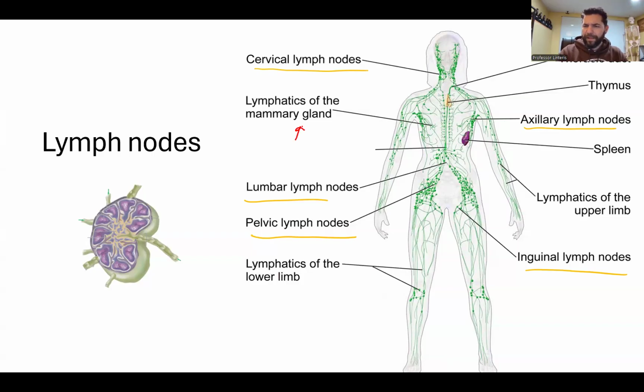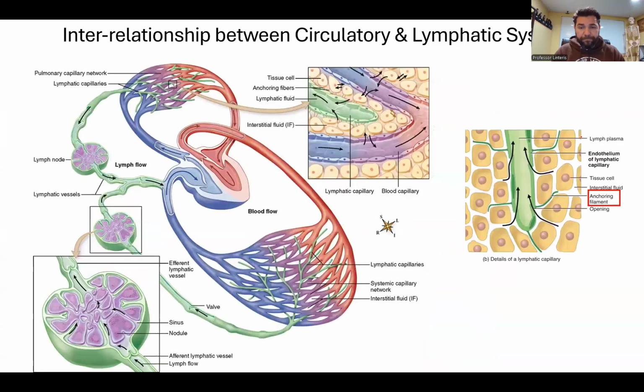I think we'll see the mammary gland coming up, like the thoracic duct, thymus, spleen. Also harbor lots of lymphocytes. This looks like a decently complicated picture, but it's not that bad in theory.